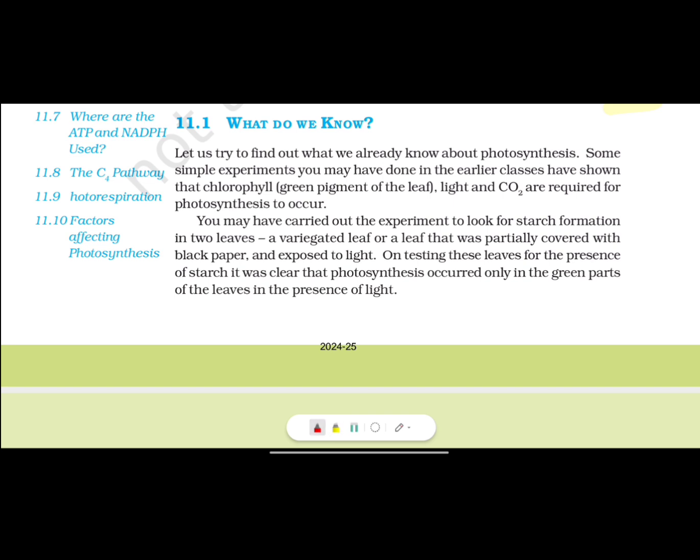You may have carried out experiments to look for starch formation in two leaves, a variegated leaf or a leaf partially covered with black paper and exposed to light. On testing these leaves for the presence of starch, it was clear that photosynthesis occurred only in the green parts of the leaf.